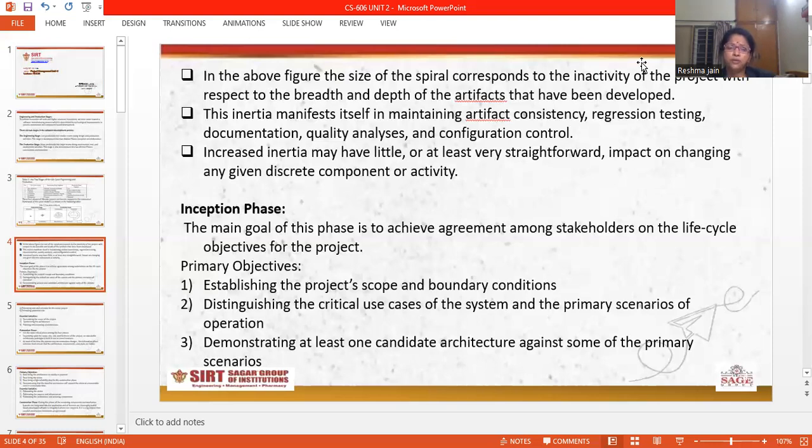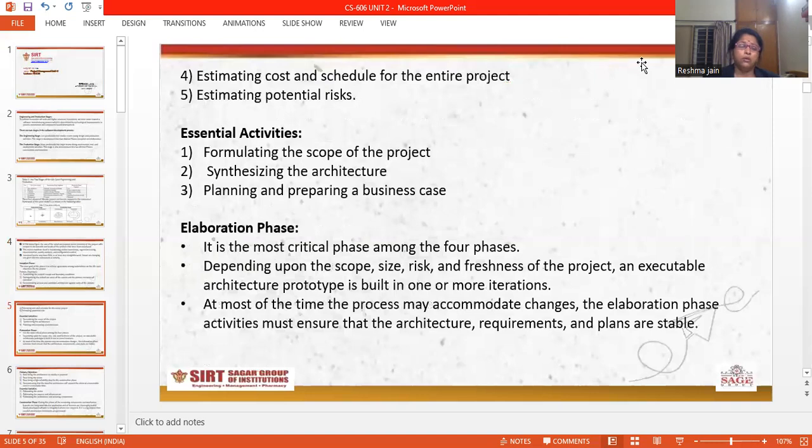Primary objectives of the inception phase are establishing the project scope and boundary conditions, distinguishing the critical use cases of the system and the primary scenarios of operation, demonstrating at least one candidate architecture against some of the primary scenarios, estimating cost and schedule for the entire project, and estimating potential project risks.